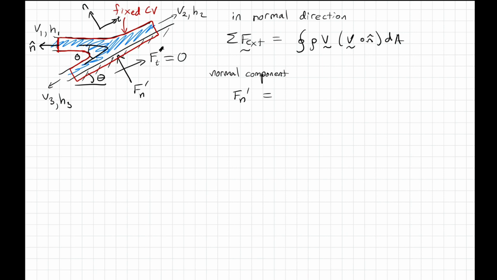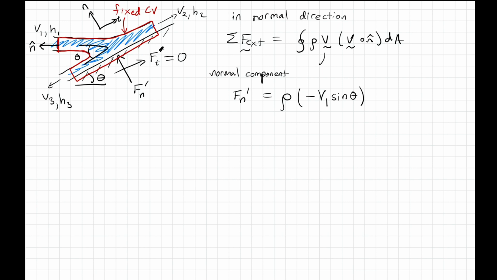So let's do that. This would be rho times v projected onto the normal coordinate. So v actually goes this way, and I need to project that onto the normal coordinate. That would be minus v1, and then I need to project it onto the normal coordinate here, which is just the sine of theta.